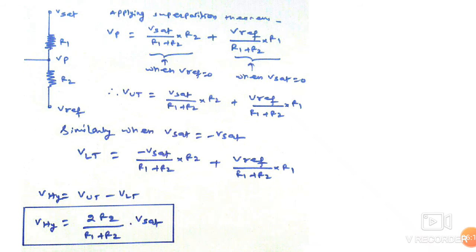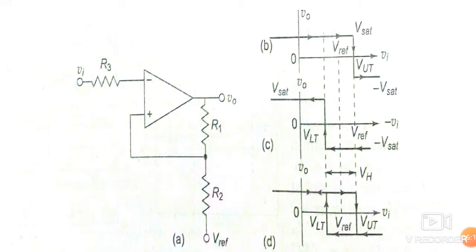Now the need for this kind of trigger circuit is that the comparator is used in open loop mode, so if there is a small change at the input side, or a small change in input because of some noise sources, the comparator will trigger.